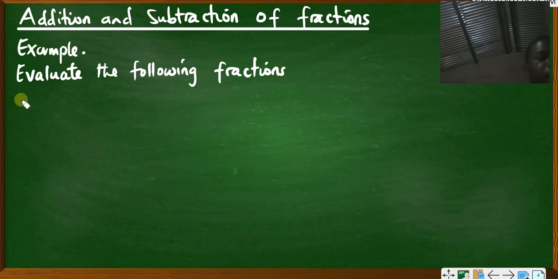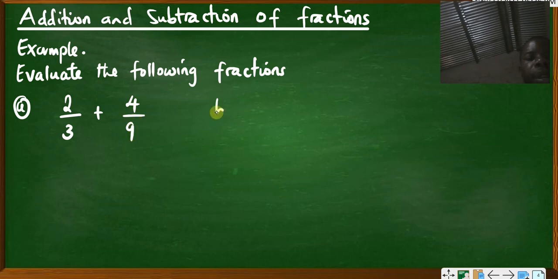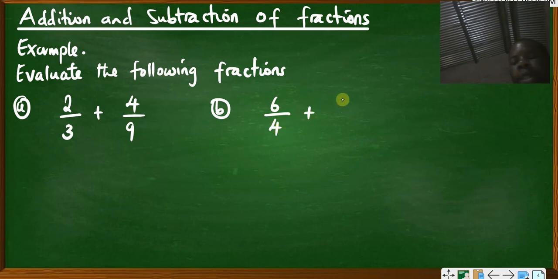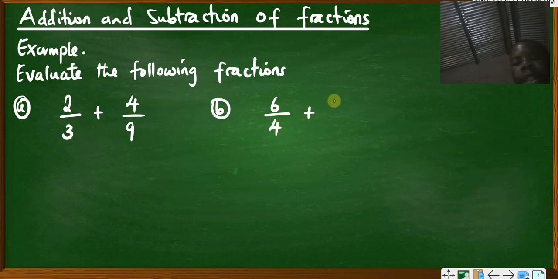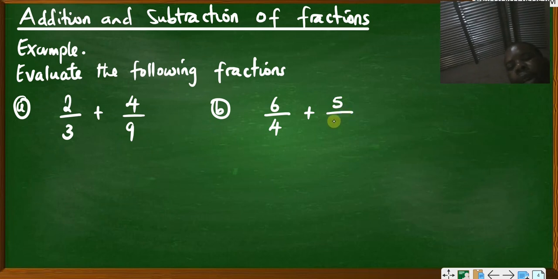So I can give you, like, I have A, 2 over 3 plus 4 over 9. Then B, I have 6 over 4, then plus 5 over 6.